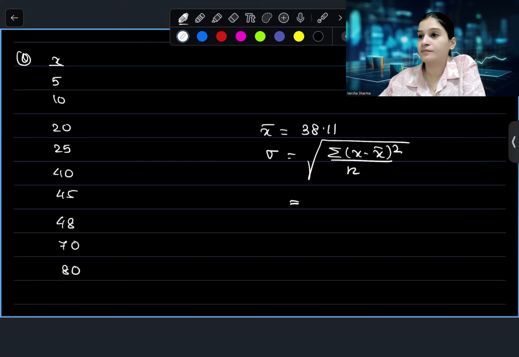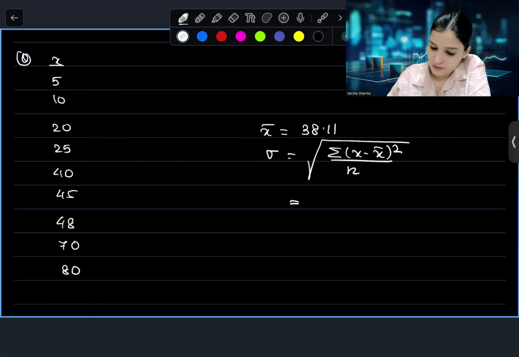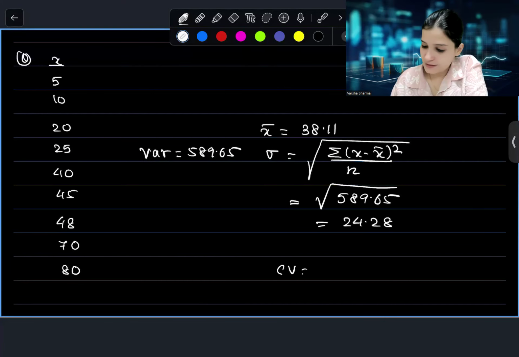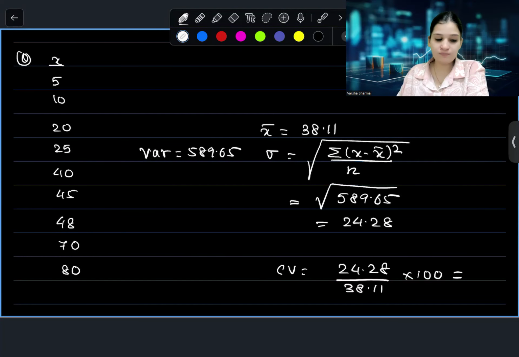Ma'am, variance is 589.65. Very good. Variance is before the root, so 589.65, and this is root over that. 24.28. Very good. CV, standard deviation by mean into 100. 63.7.